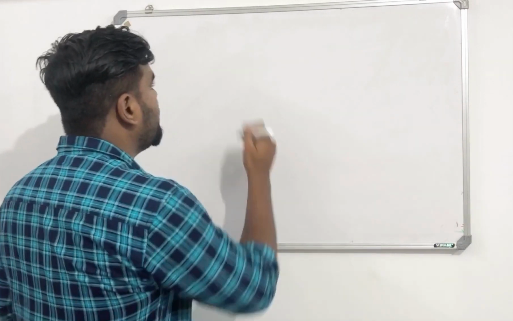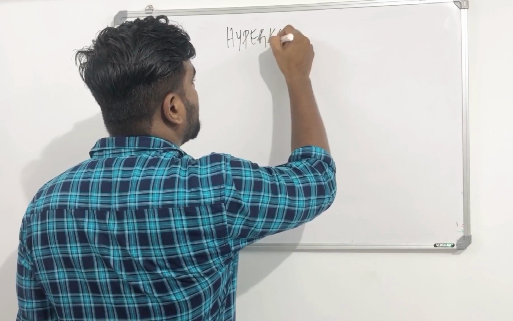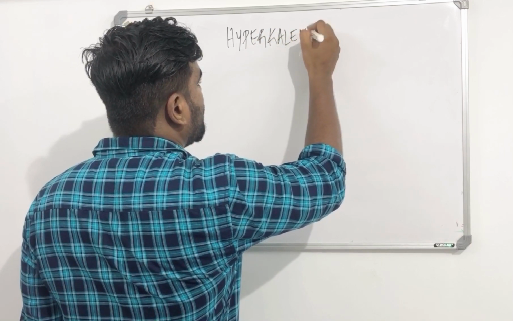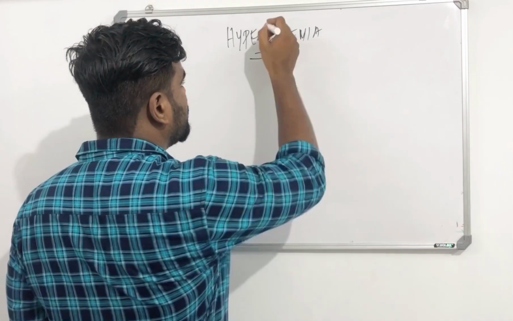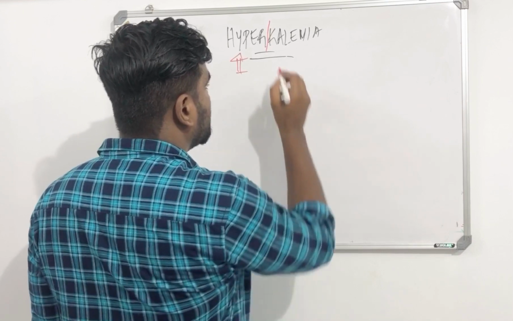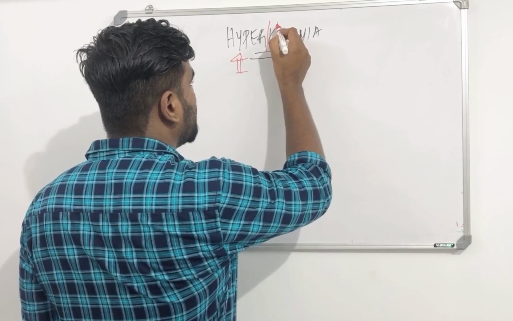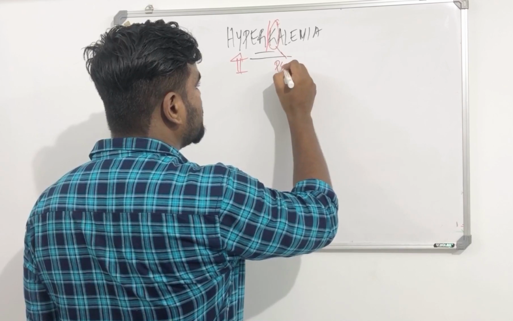Today we are going to discuss the most important topic, that is hyperkalemia. So what is hyperkalemia? You always want to remember, split this word into two. Hyper means something is increased. Kalemia, K for potassium in chemistry. So what is increased in this?